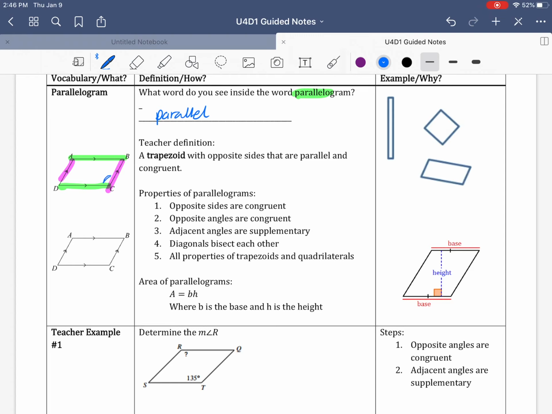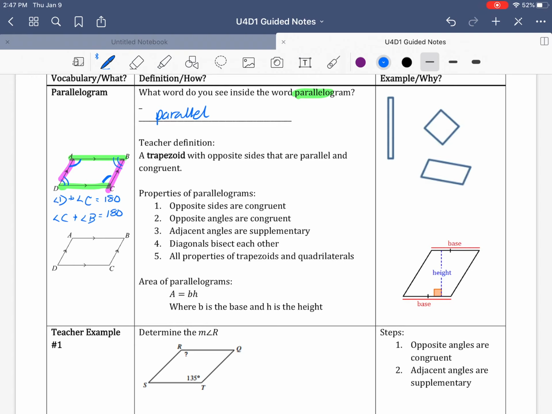So if we look right here, angle C and angle A are opposite from each other, and they're congruent, which means angle D will be congruent to angle B. Adjacent angles are supplementary, so that means angle D plus angle C is equal to 180 degrees, but also that angle C plus angle B also equals 180 degrees. So any two angles next to each other are going to be 180 degrees.